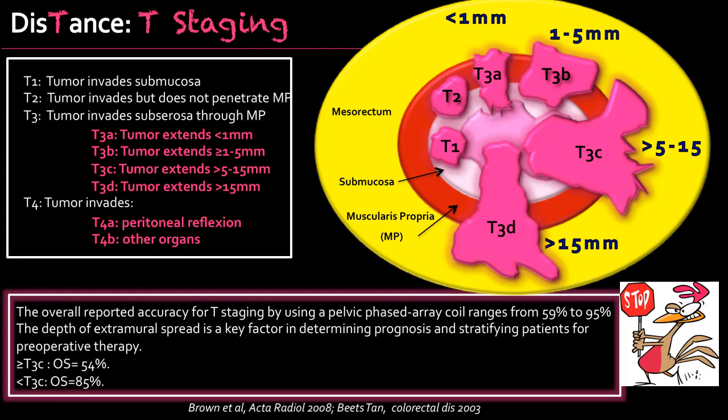We know that the depth of extramural spread is a key factor for prognosis and overall survival. So if the tumor is going more than 5 millimeters within the mesorectum, the overall survival is around 50%. So the T staging is the first key factor to decide whether the patient needs surgery or a neoadjuvant treatment.